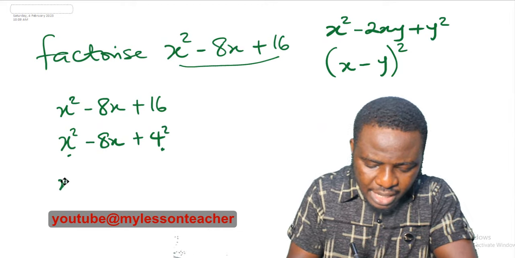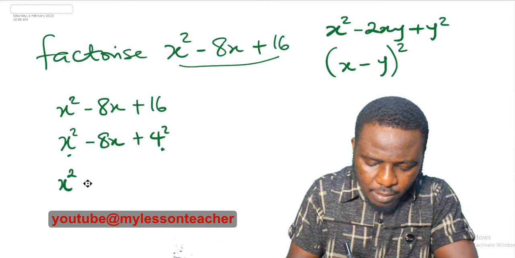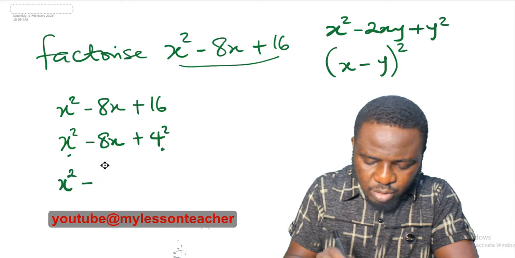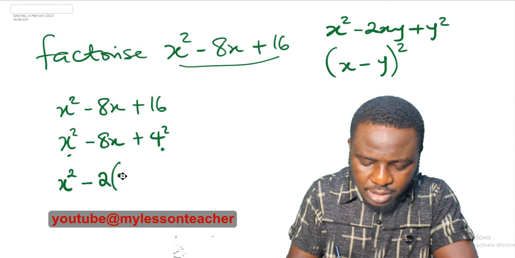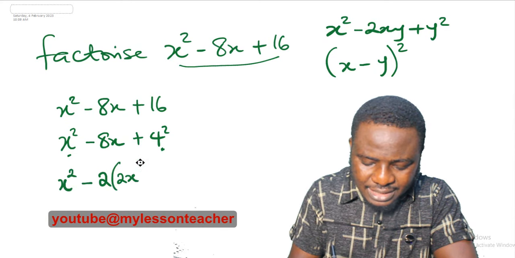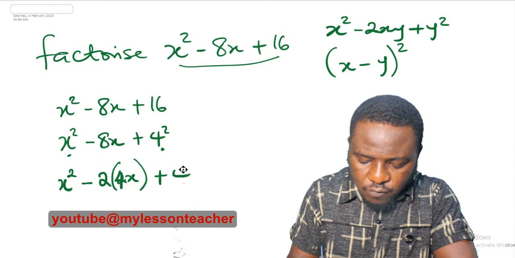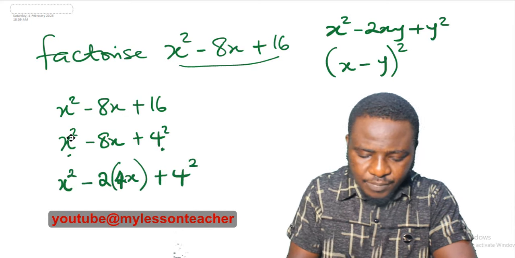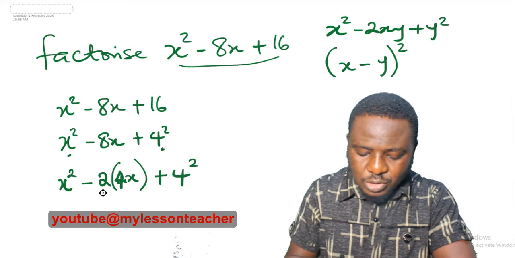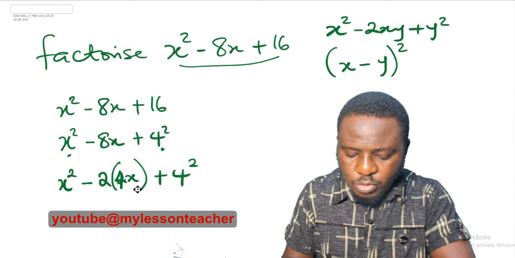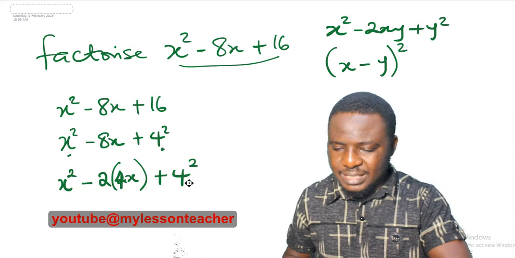So this can be said to be x squared minus, factorizing out 2, 2 into bracket 4x, plus 4 squared. Now if you look at it, this is the first term, this is the last term, and this is the middle term, which is twice the product of the square roots of the first term and the last term.